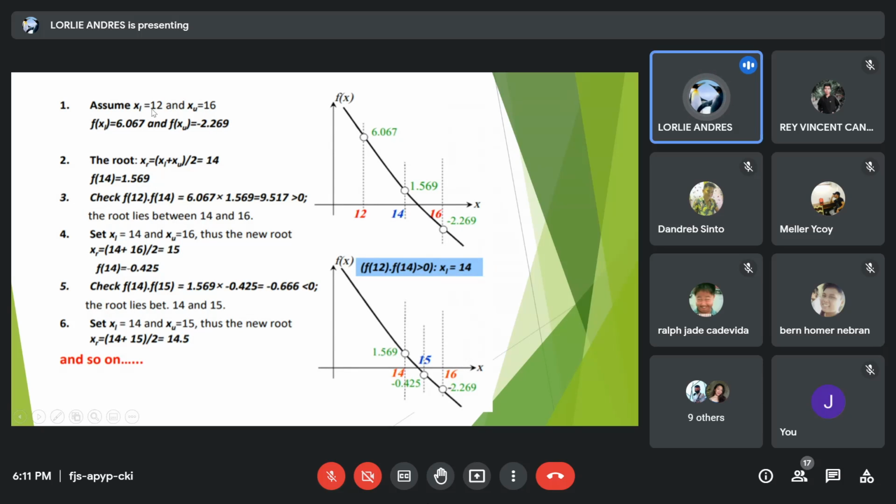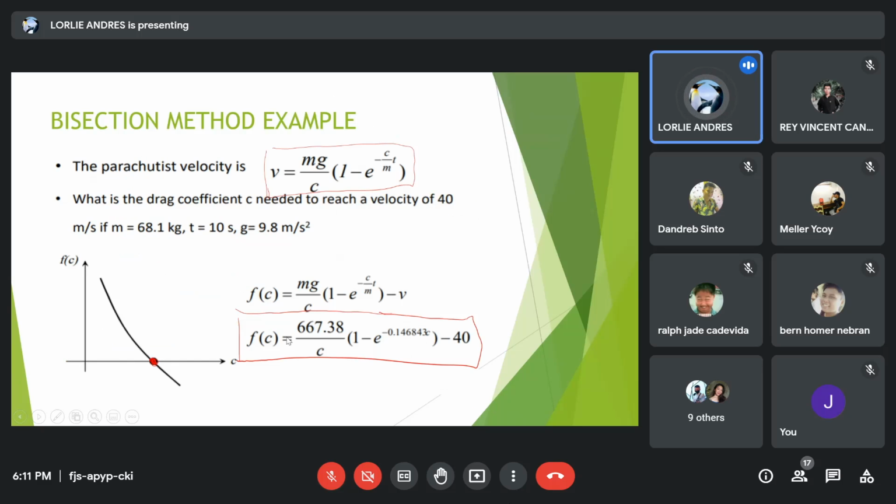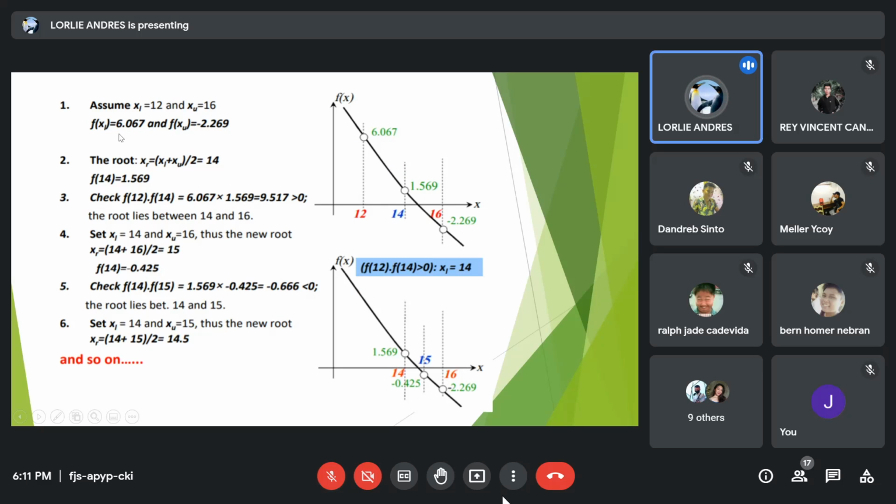And then pag imo siyang i-calculate, if imo i-substitute si 12 diri nga formula as your C, based ani nga formula, then it will give you 6.067. Do you follow? Yes, ma'am.